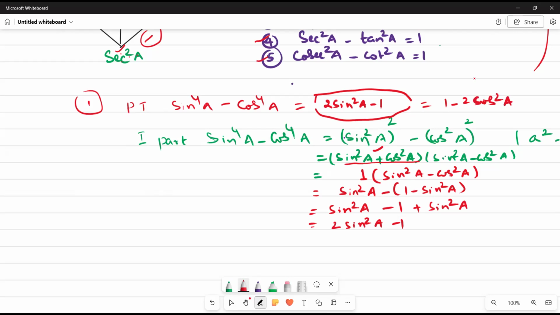So the first condition we got from sine power 4a minus cos power 4a is equal to 2 sine square a minus 1, and keep this as equation number 1. So we have proved the first.